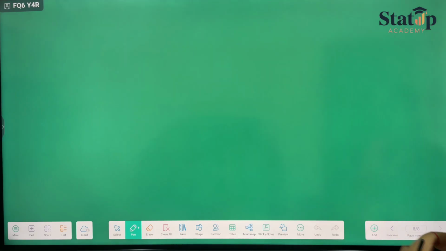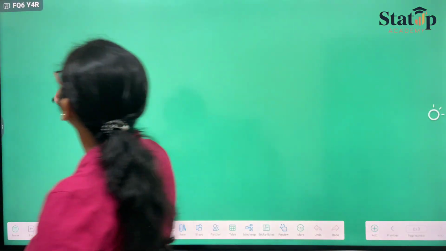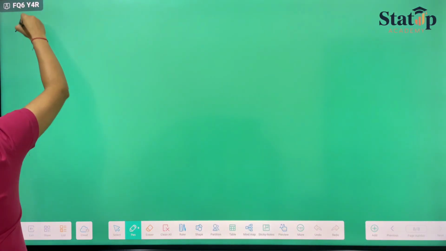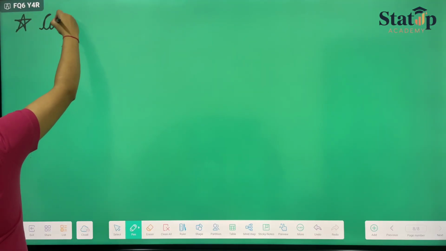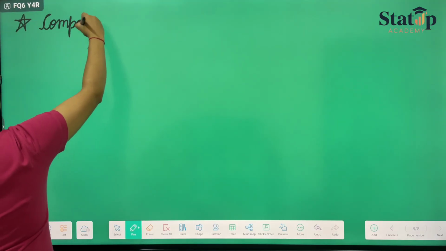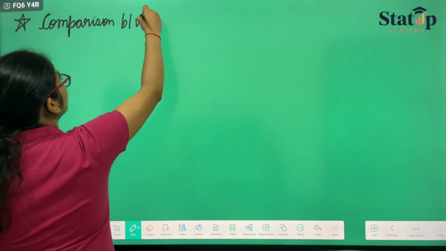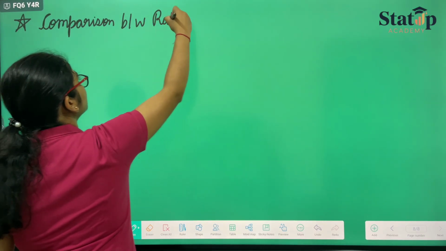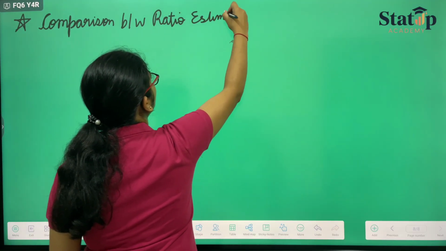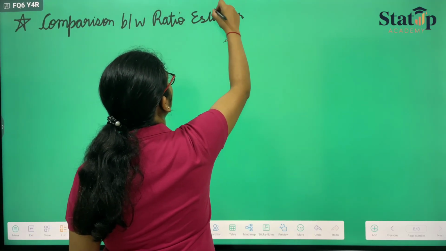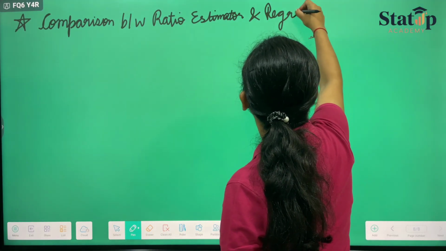This was the comparison between simple random sampling and regression estimator. There is also one more comparison, between ratio estimator and regression estimator.